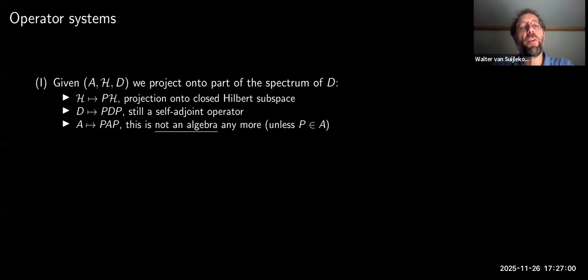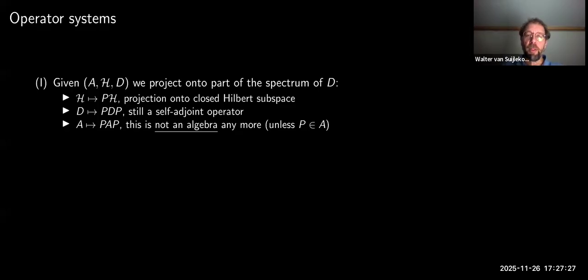So you project onto a closed Hilbert subspace, a finite dimensional Hilbert subspace. And of course, since it's a spectral projection for D, this capital P, what you get if you let D act on that Hilbert subspace, it just respects that. So it restricts to a self-adjoint operator there. All the properties still hold, bounded commutators and compact resolvent, of course, trivially because it's finite dimensional.